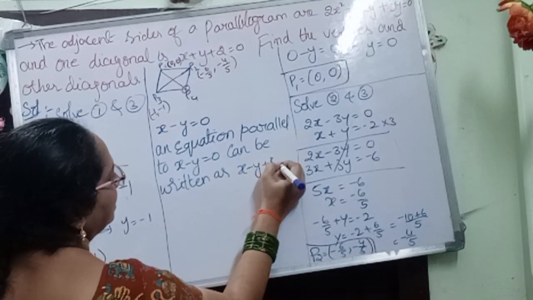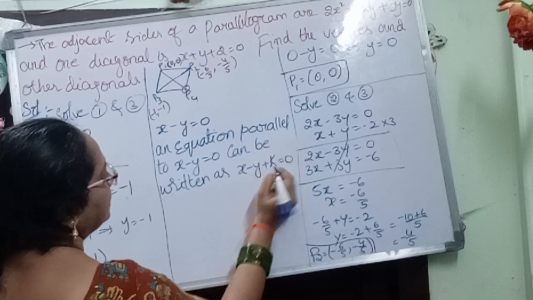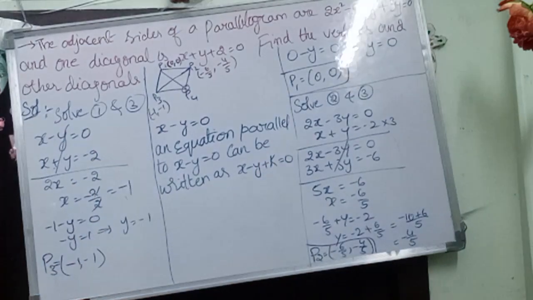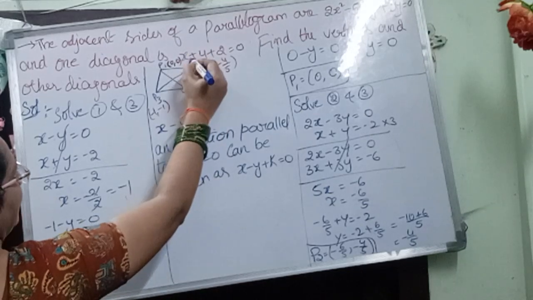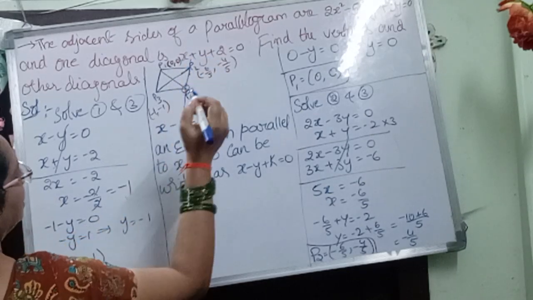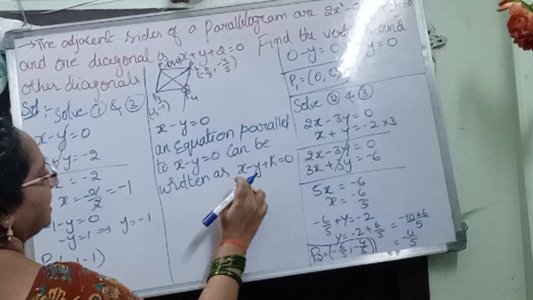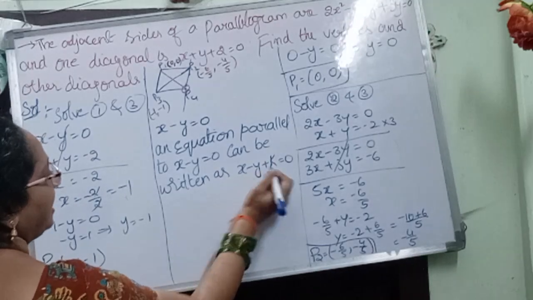So plus k equal to 0. But this line passes through P2 and P4, right? So we can substitute this here. Then we will get the k value.